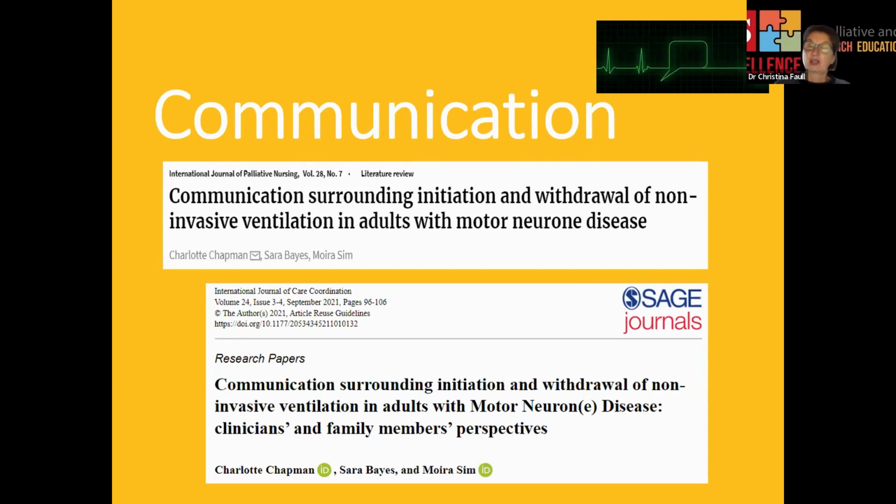And that's both sharing information, listening, and helping people formulate their views on what they might want in the future, and when it comes to the point of them needing to make a decision, whether they align with what they thought they might want or indeed have changed their mind. And we've seen some examples of that. Communication specifically around assisted ventilation.